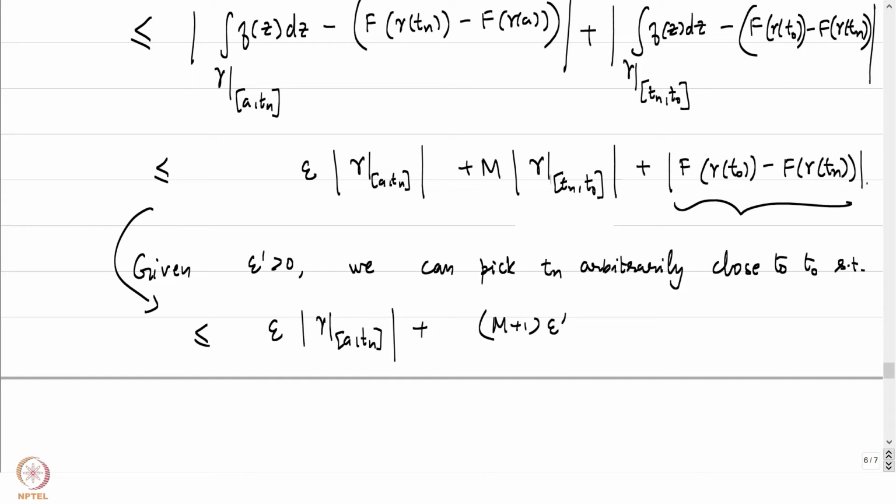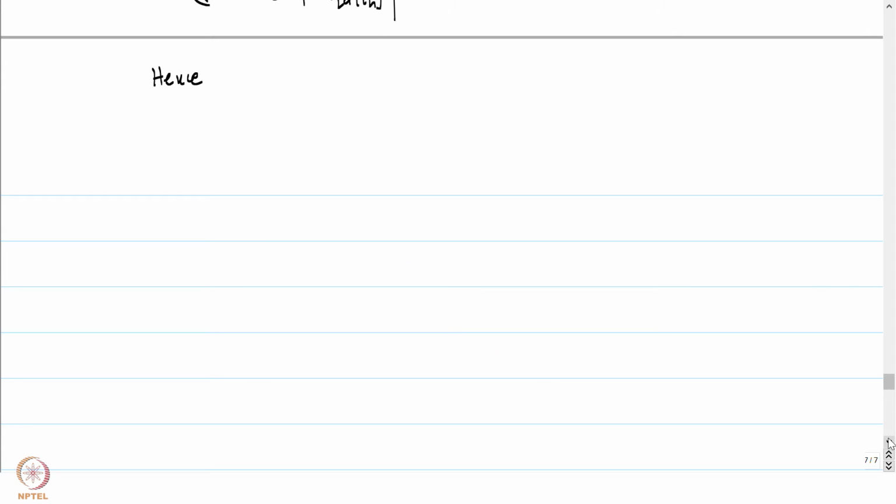So given any epsilon prime, we will be able to make it as small as we want. But then what were we estimating? This was the term we were estimating.